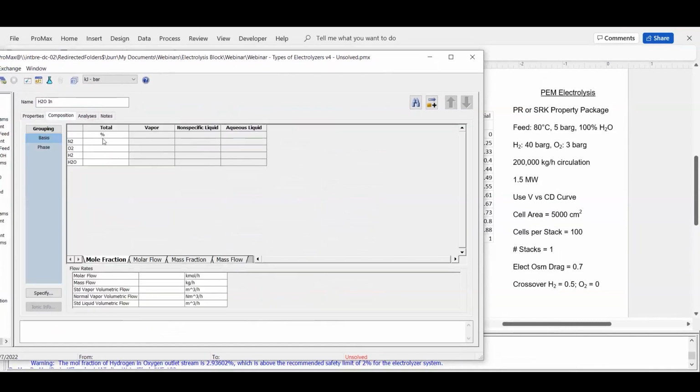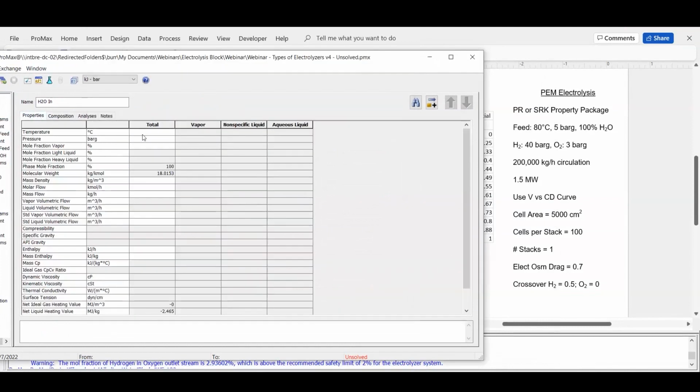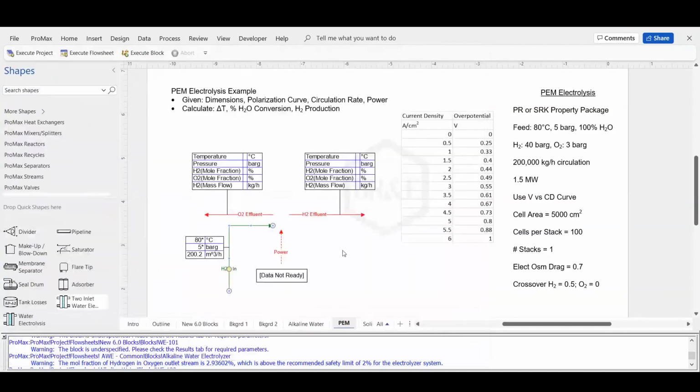It will be 100% water, running at 80 degrees C, feeding at 5 bar, and we have 200,000 kilograms per hour of water circulation that's feeding this electrolyzer.